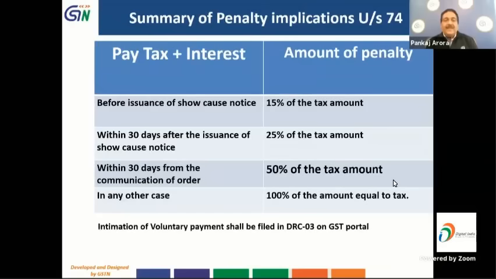Or in any other case, the taxpayer will be liable to discharge the full amount as determined in the order along with an amount equal to 100% of the tax as penalty.